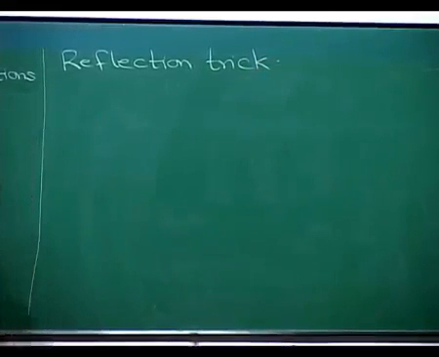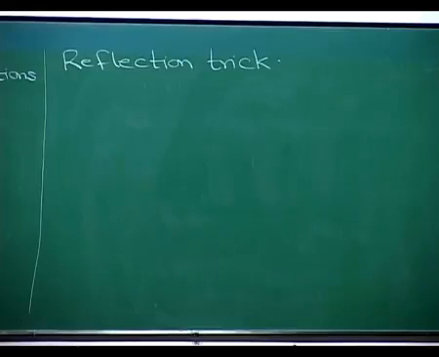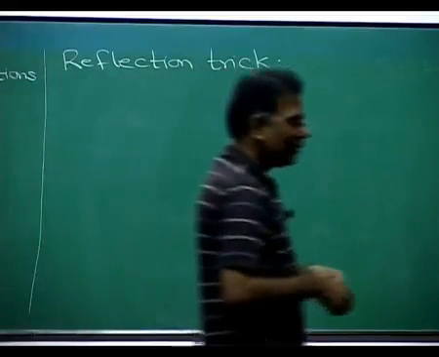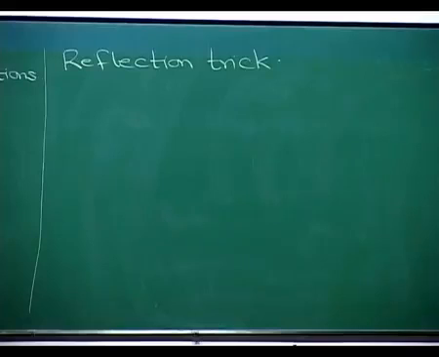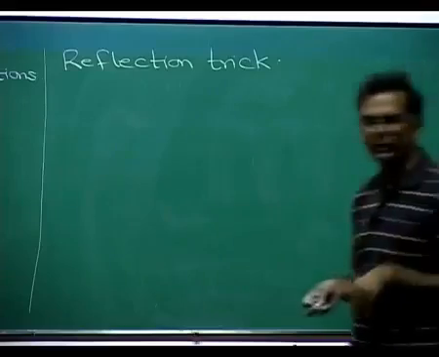Okay, so what are we trying to count? We are trying to count all paths from 0, 0 up to the point n, n, and we are trying to count those paths which stay on or above the diagonal. If you want to count that, a natural way of doing that would be to take all paths first of all and then remove those that violate your condition, right?